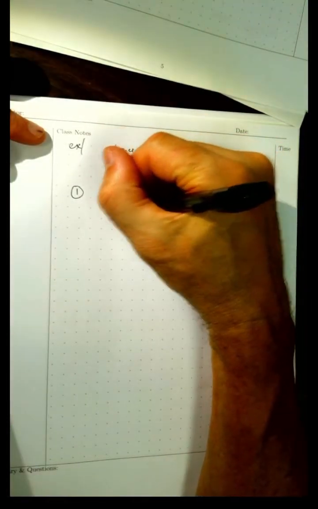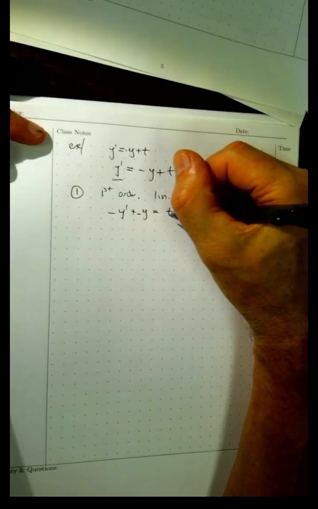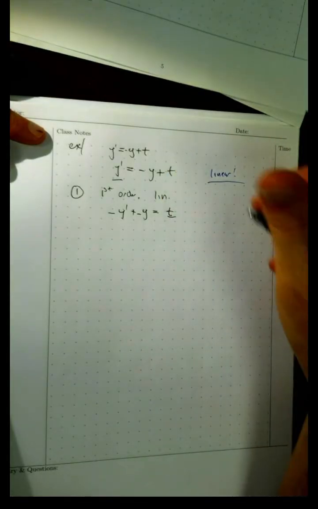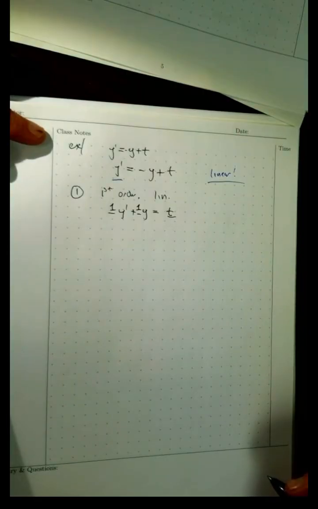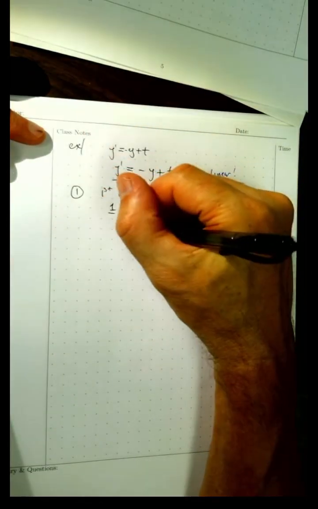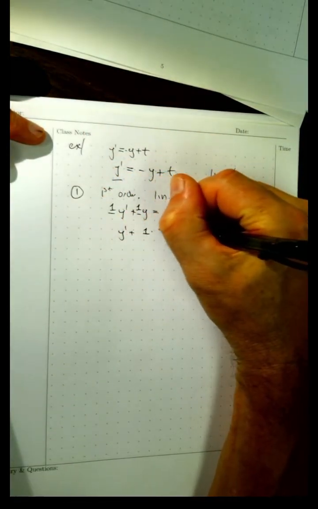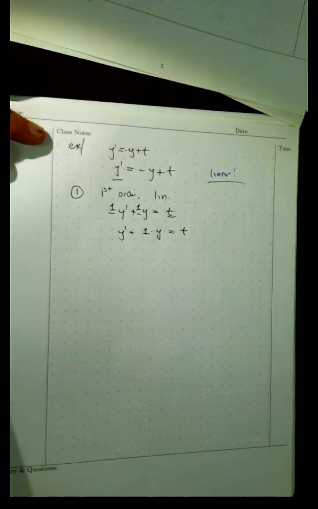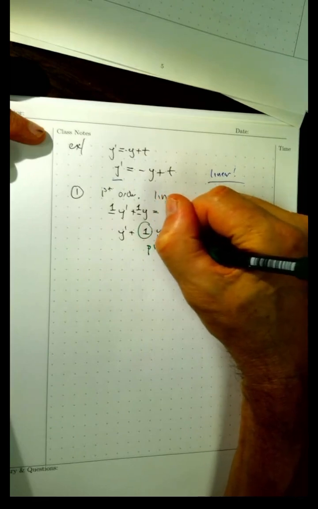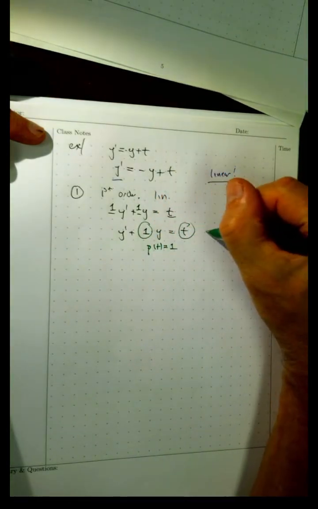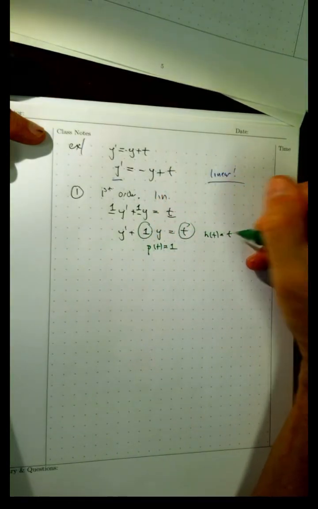It's something times y prime plus something times y equals some function. In this case, those functions are 1, right? So I already have y prime plus 1 times y equals t, which means then that my p of t is 1 and my h of t is t.